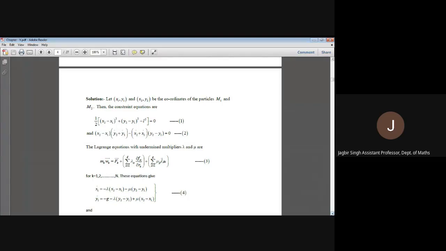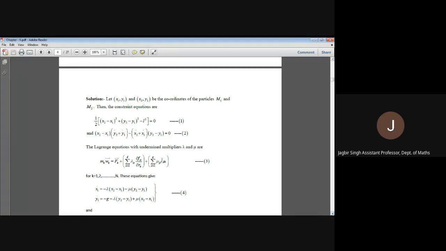And thus we have minus lambda x2 minus x1, plus mu into the velocity component, means the component of x1 dot in equation number 2, and in equation number 2 the component of x1 dot is minus y2 minus y1, so it is minus mu y2 minus y1.